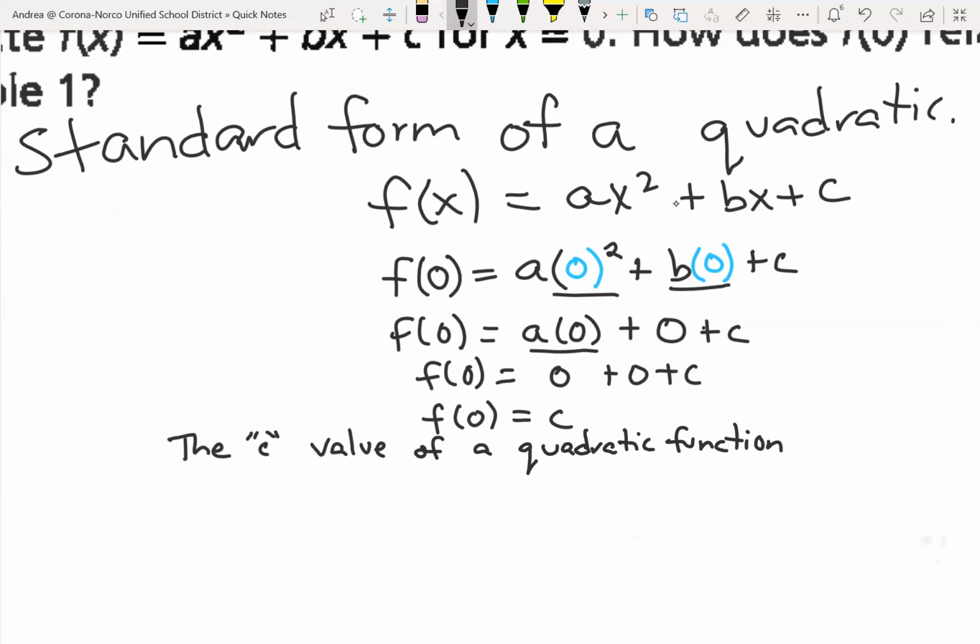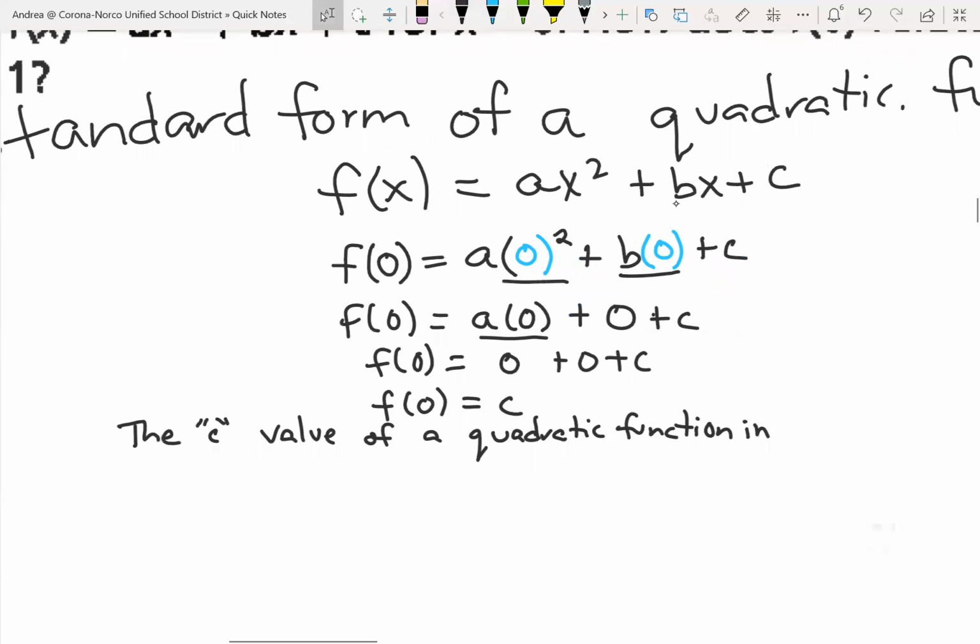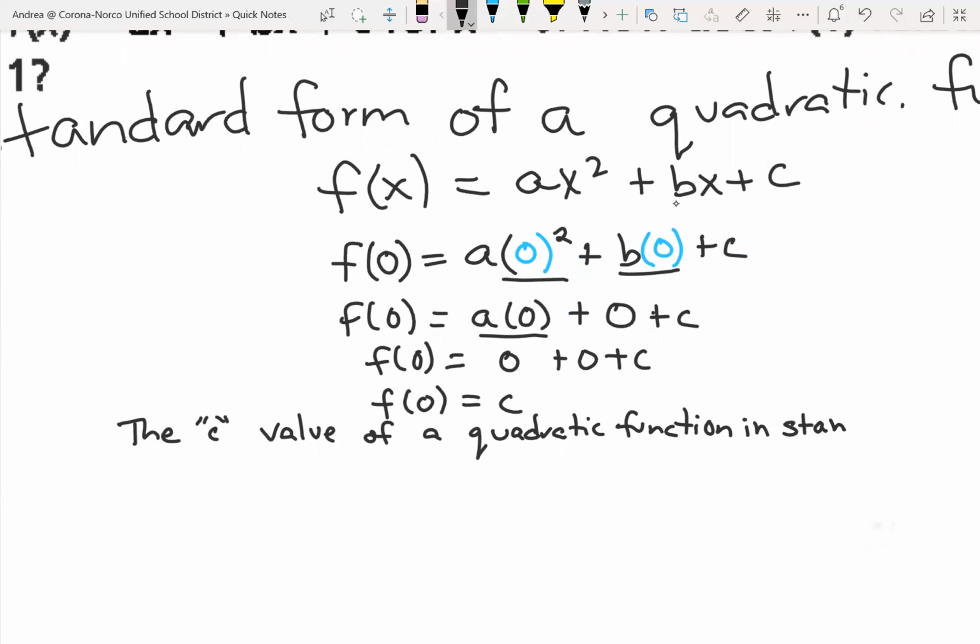Okay, so the c value of a quadratic function in standard form, write this down, please, is the y-intercept. Do you remember what an intercept is? If I say y-intercept, what does that mean?